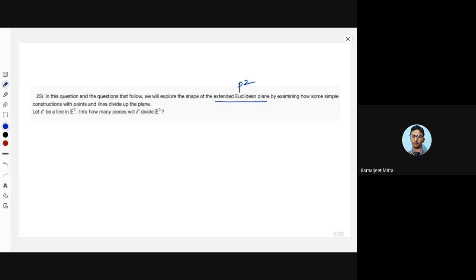So let L be a line in P2. How many pieces will L divide P2 into?